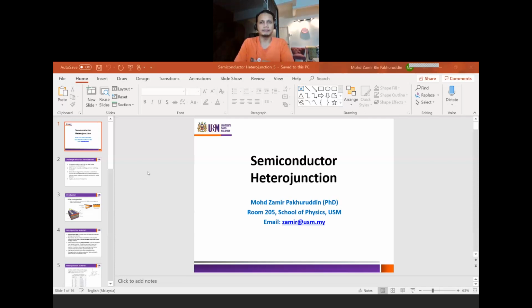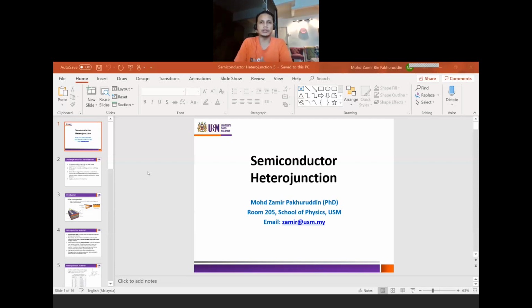It's just that if you talk about semiconductor to semiconductor, you can actually break it down into two types, which is a homojunction or heterojunction. Right? We've learned last time all about homojunction. So homojunction is when you join your P semiconductor and N semiconductor of the same material of the same band gap, right?